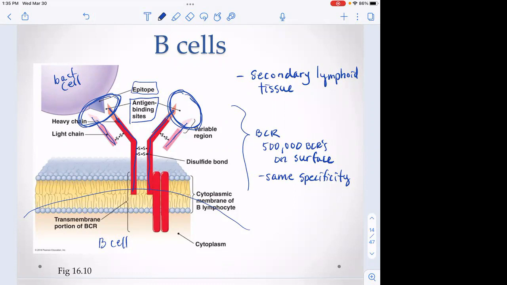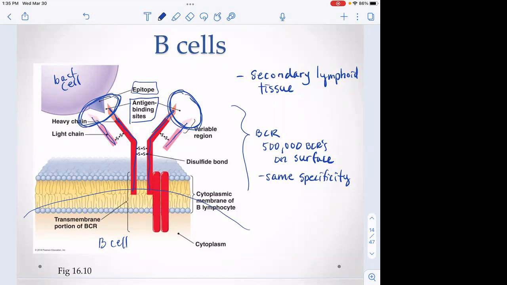It takes a long time for those cells to match up with that antigen if we ever get exposed to it. So why wouldn't we have a B cell that has all different B cell receptors, and then it would very easily come in contact with that antigen?